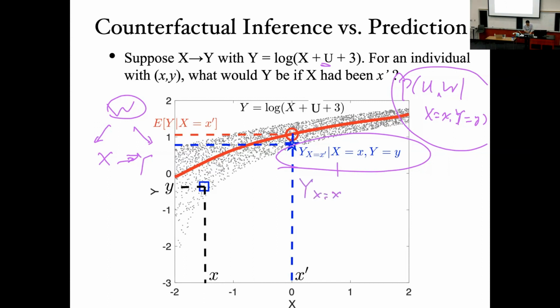Suppose this is T, T1 and T0. Given the same thing, basically you are doing something like individualized treatment effect estimation.